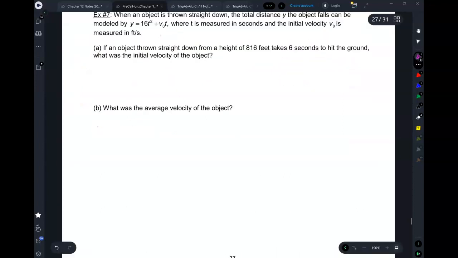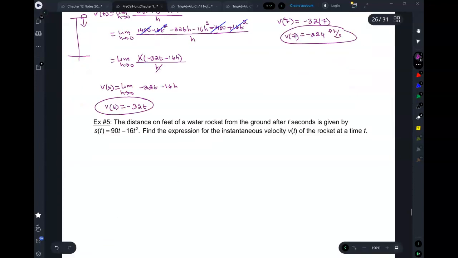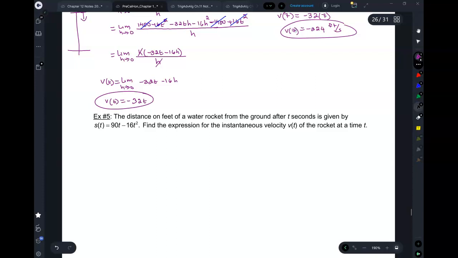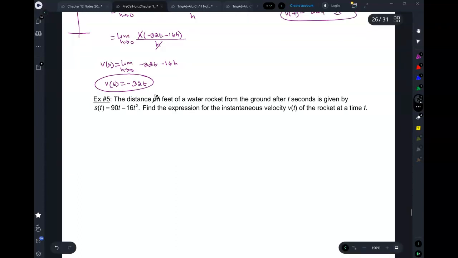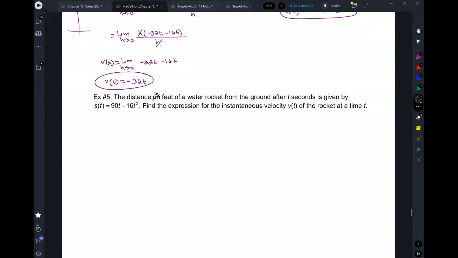Okay, let's take a look at this next one. The distance in feet of a water rocket from the ground after t seconds is given by s of t. Find the instantaneous velocity.